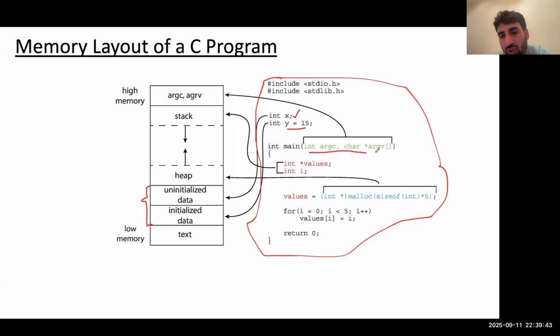Then the parameters for your functions, even the parameters for your main function, are allocated on the stack here, right? And the stack then goes downward, which means that any more parameters or local variables will be placed at this position, and the stack will keep growing downward. For example, values and i will also go to the stack because they are local variables.